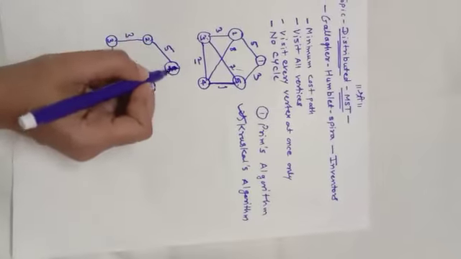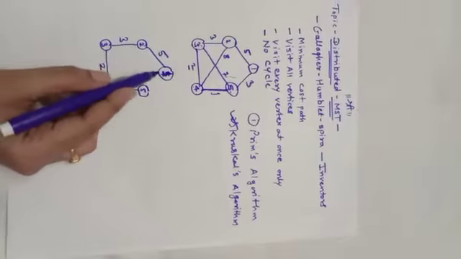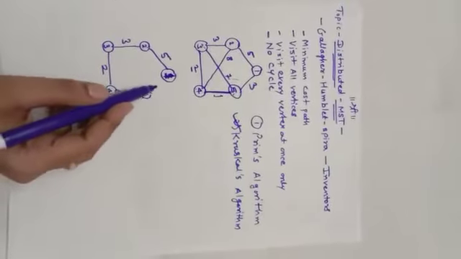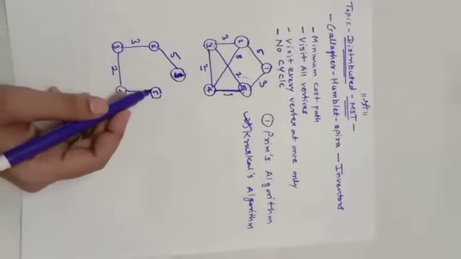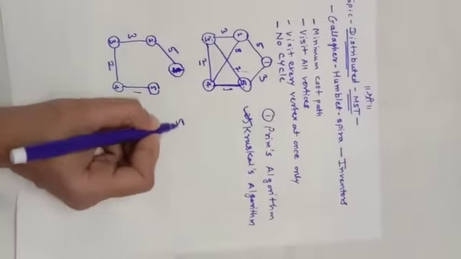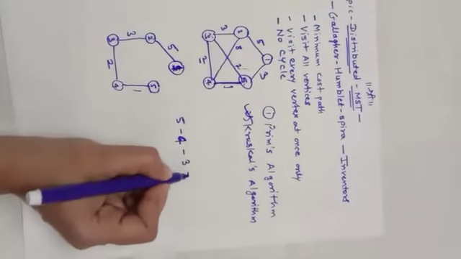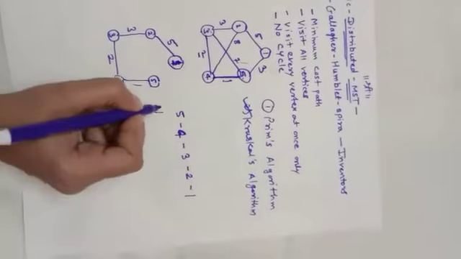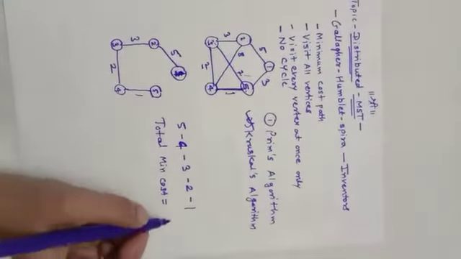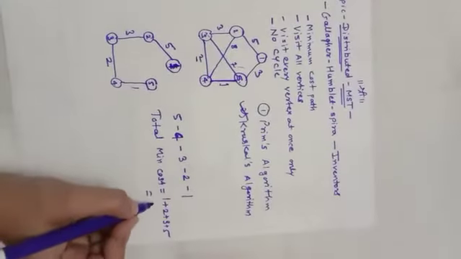If I start to work with 1, it will have 2 and 3, which are both visited already. There will be no such path because there should not be a loop. As we have now added all the vertices, the path will be 5, 4, 3, 2 and 1, and the total minimum cost is 1 plus 2 plus 3 plus 5, so it is 11.